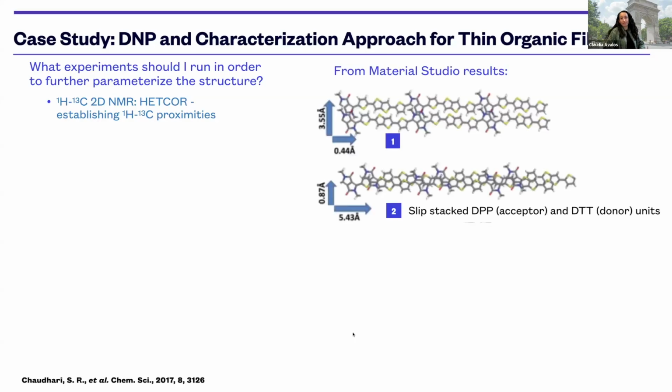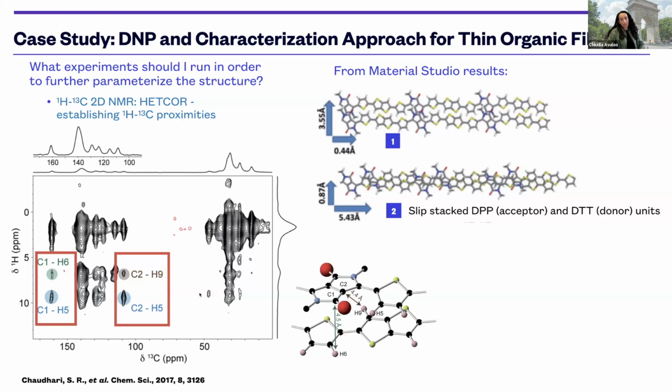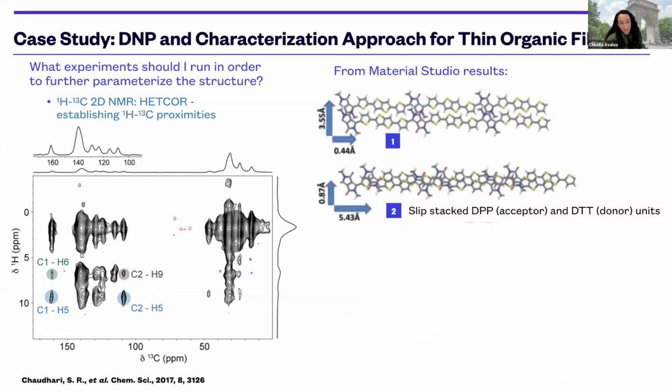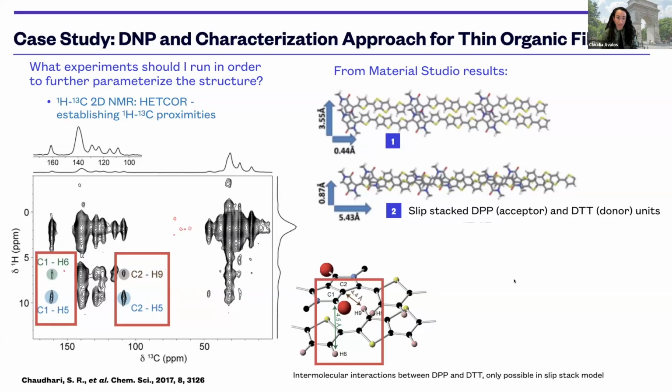HETCOR is the next thing you might want to run, to establish proton-carbon proximities. In this case, you see that certain carbon residues are correlated to certain hydrogen residues. Based on these monomer models, the Materials Studio models, they found that form 2 was more consistent with this experimental result.